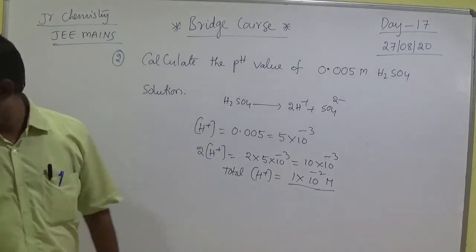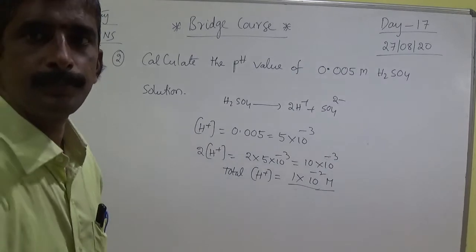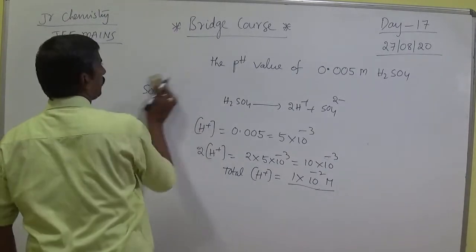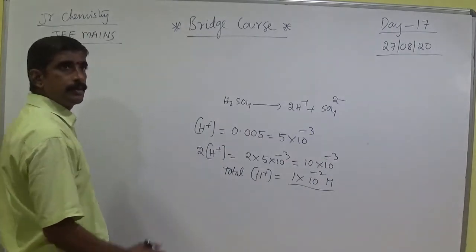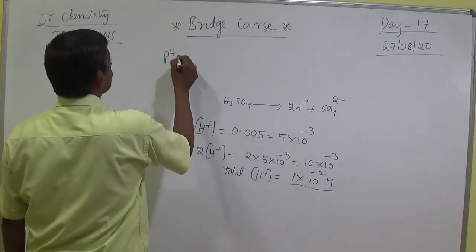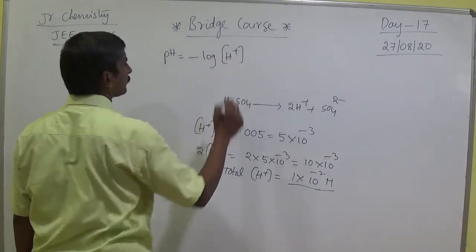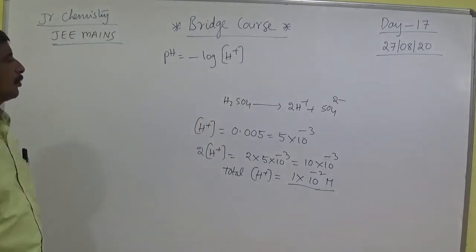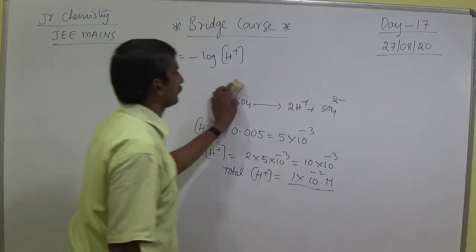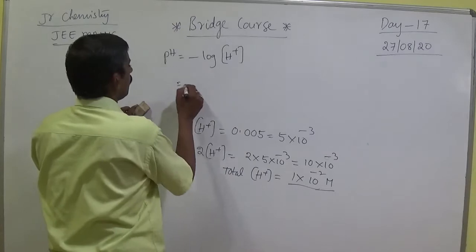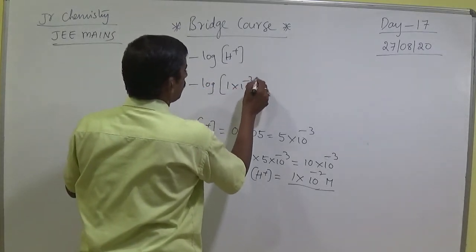After that we know pH. So next, pH equals minus logarithm of H plus concentration. That means substitute the value: minus log of 1 into 10 to the power minus 2.